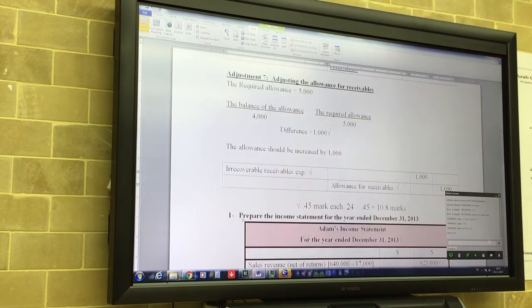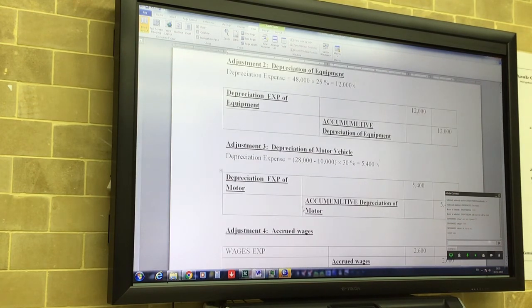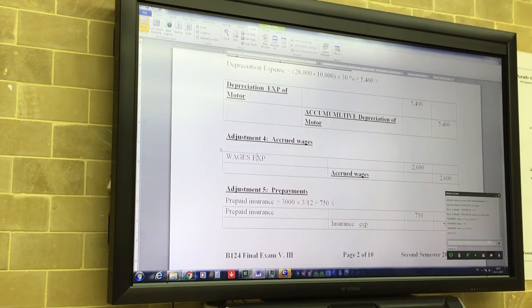For the adjustment entries, we have new expenses, such as depreciation expense for equipment, depreciation expense for motor, wages expense. We need to add them in your statements.